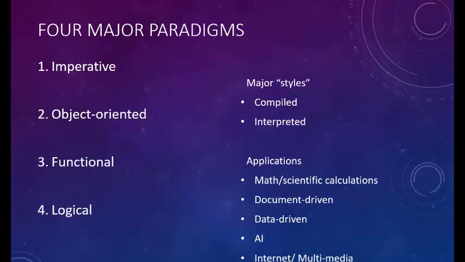Is it a mathematical, scientific type of application, or is it document-driven or data-driven with a lot of transactions going on, transaction processing applications? AI, artificial intelligence applications? Or is it multimedia and internet-driven?